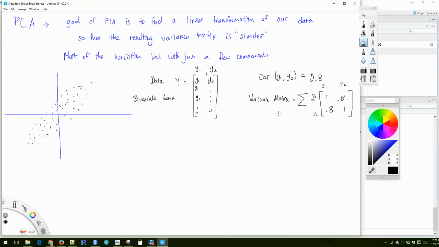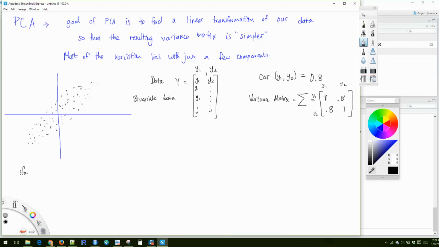Okay, so with principal component analysis, we basically, I'm sorry, we do a spectral decomposition of our variance matrix.